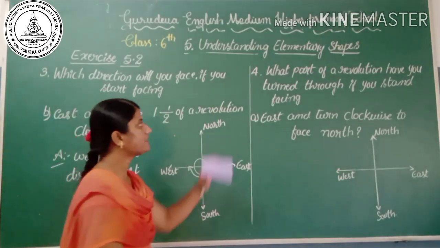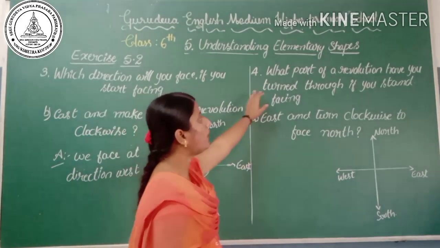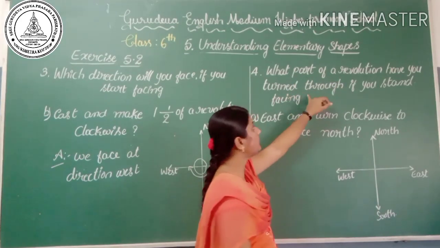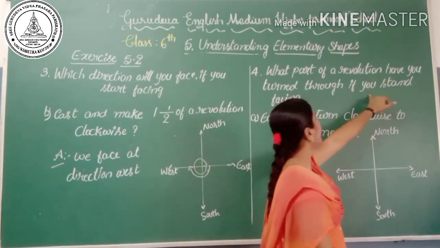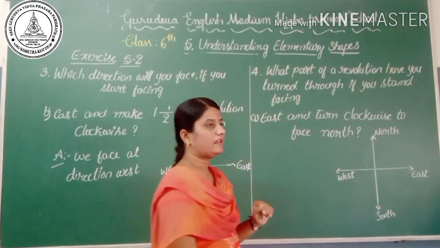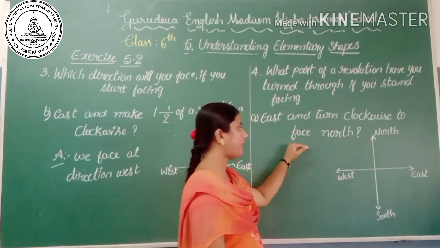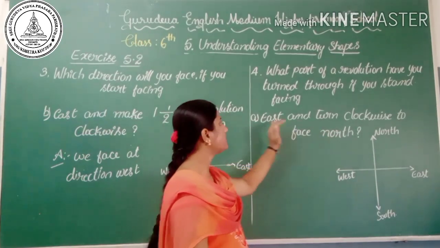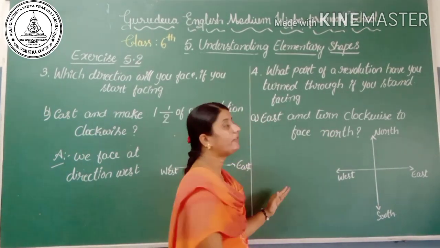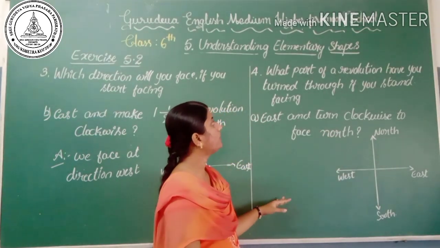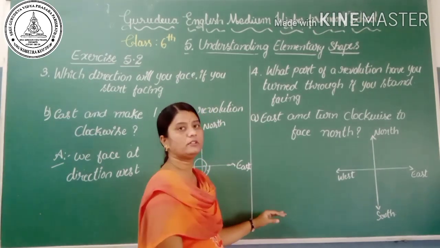Okay. Then next, the fourth question is, what part of a revolution have you turned through if you stand facing east and turn clockwise to face north? So what part of a revolution have you turned here?